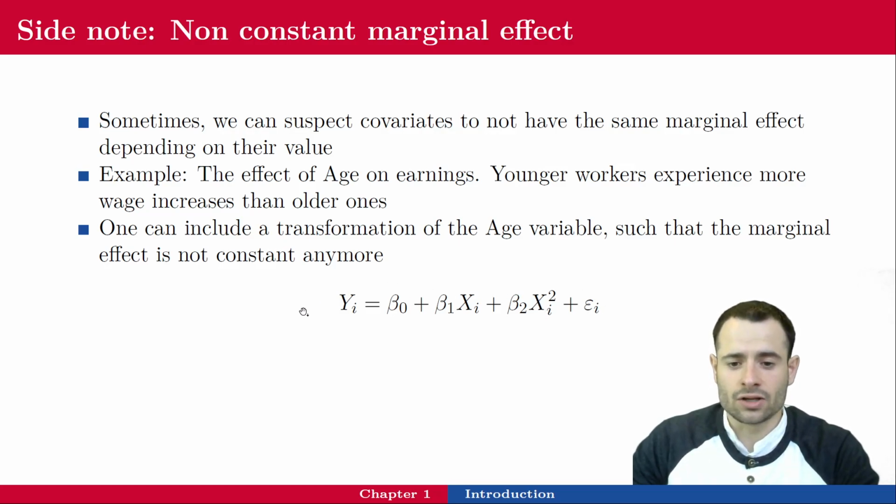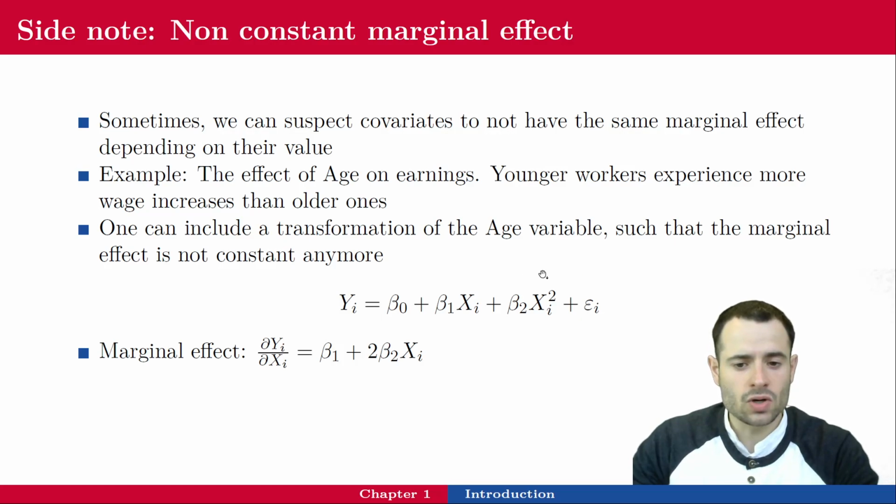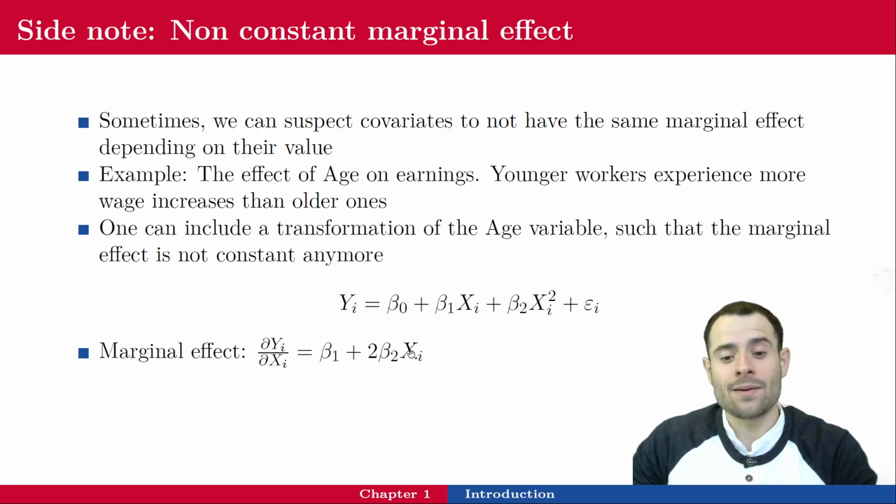The model is still linear because it's linear in beta 0, beta 1, and beta 2. The marginal effect, however, if you take the derivative of y with respect to x, you get beta 1, a constant, plus 2 beta 2, a constant, times x_i. But x_i is not constant. It's a random variable.